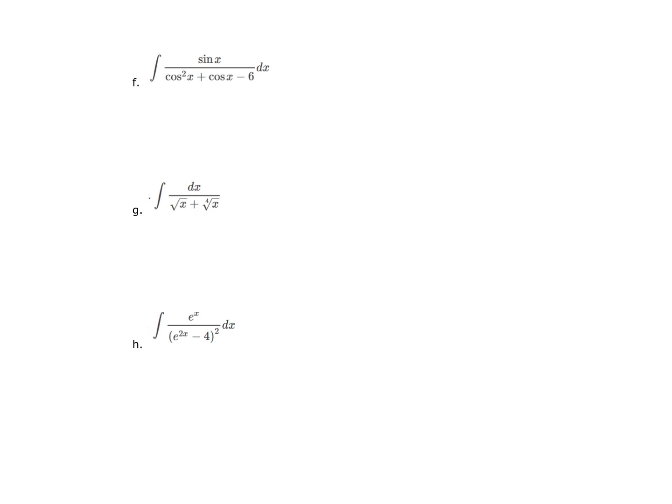Now, if I say let u equal the cosine of x, and du would equal the negative sine of x. Then this would become the integration of negative 1 du over u squared plus u minus 6.